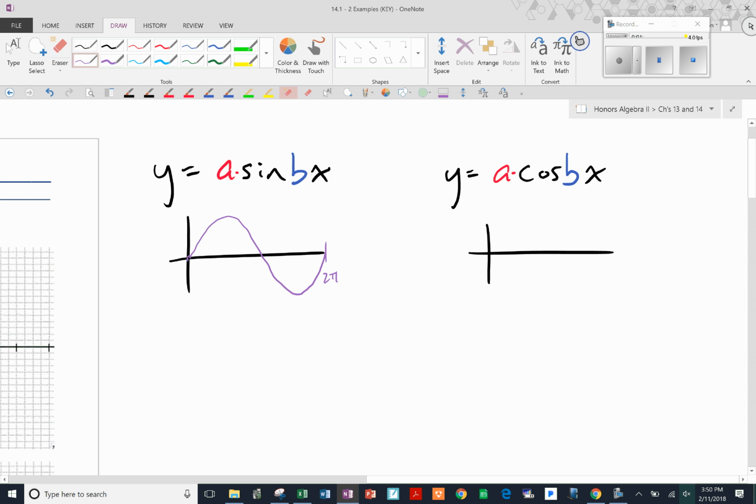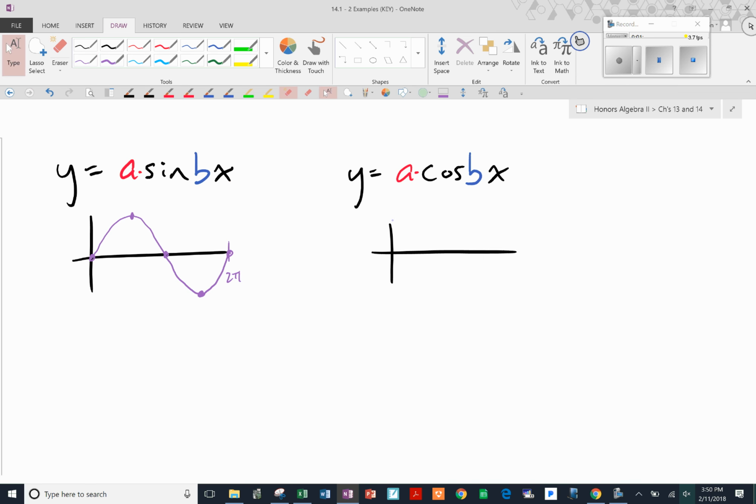So sine starts at the origin, will hit its maximum 1/4 of the way through the cycle, then go back through that x-axis, hit a minimum 3/4 of the way through, and then end at an x-intercept. Cosine instead starts at the maximum, and by the way, the maximum if a and b are both 1 is just 1, and the minimum is -1.